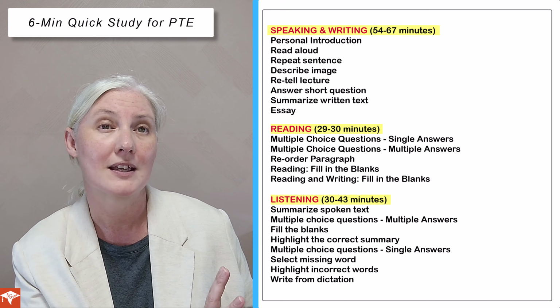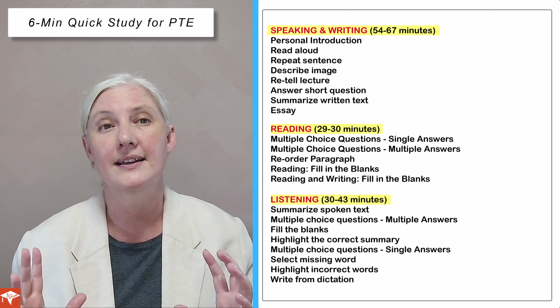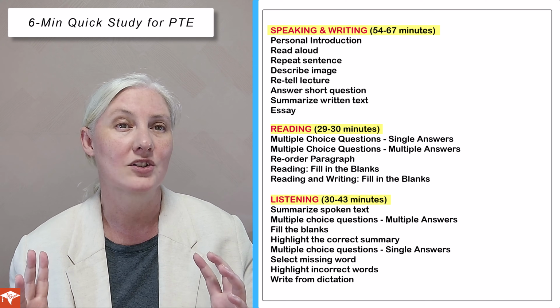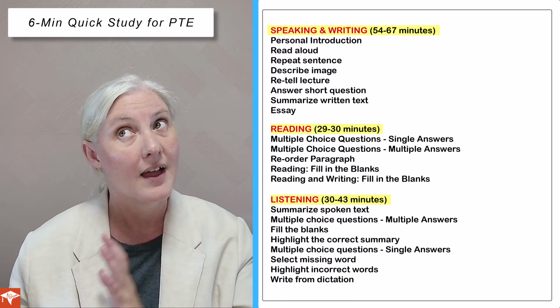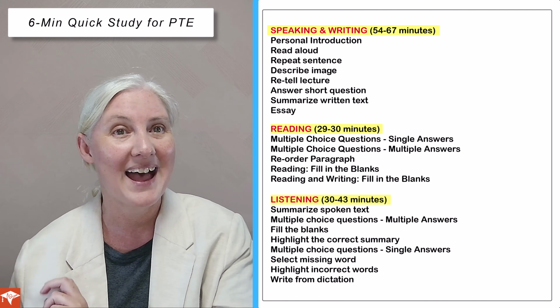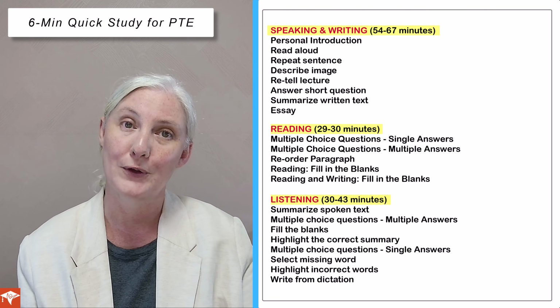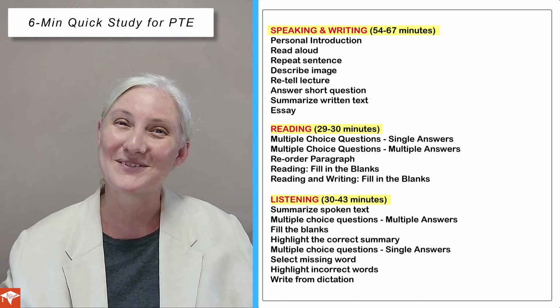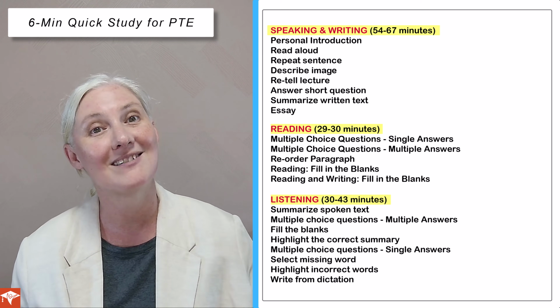There are 6 speaking question types and 2 writing question types in that. Secondly, we're doing the reading section, and there are 5 different reading question types in that. Thirdly, and finally, we will do the listening section. There are 8 listening question types. So, in total, we will complete 21 different question types in 3 different sections. And then we celebrate.